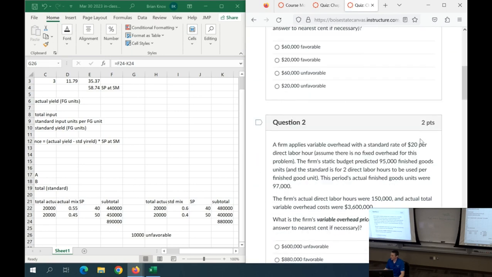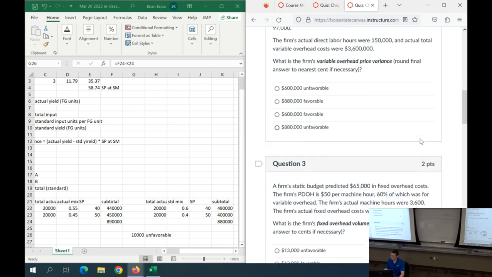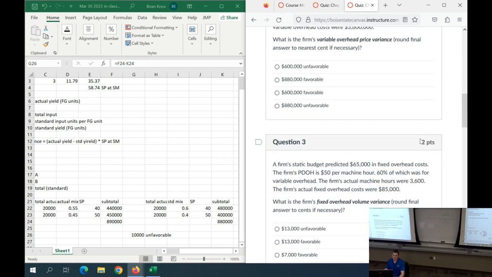I guess what I should ask is, which particular variances do you want to go over in the overhead variance section here? And there are four possible ones. We have a quantity and a price for variable overhead, and we have a spending and a volume for fixed overhead.